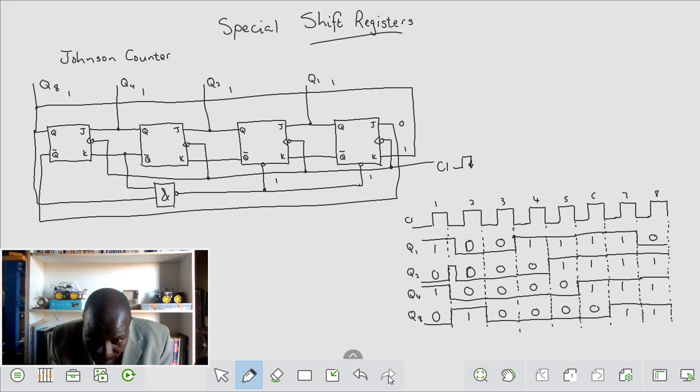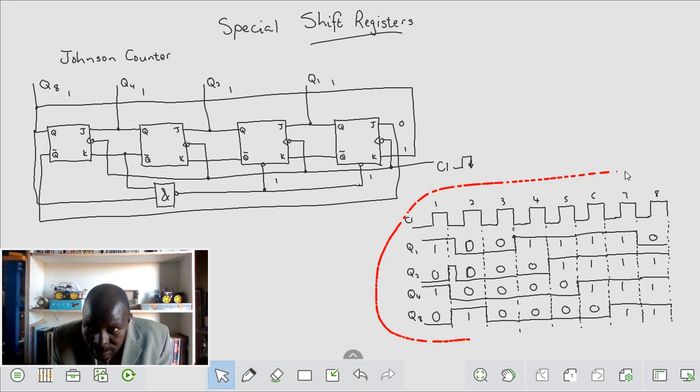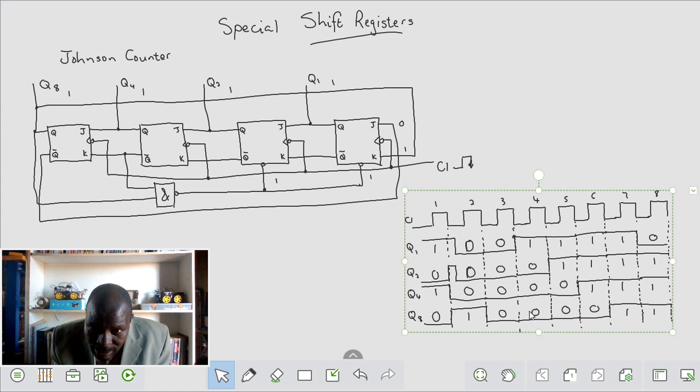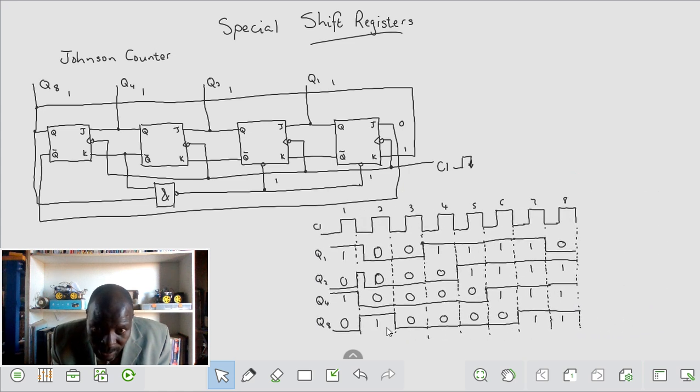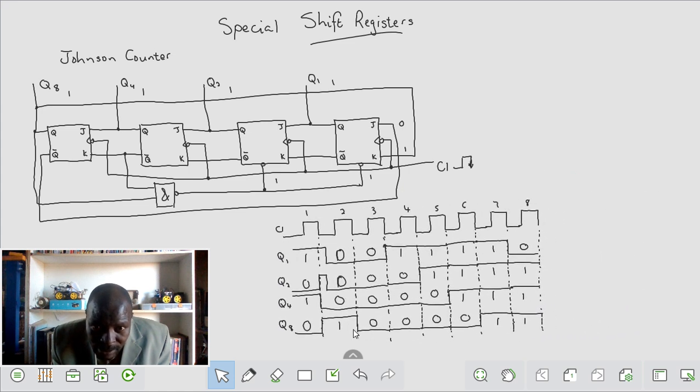So probably I need to move my work a little to show, and then now I'm going to need to add a few pulses here to demonstrate what will happen. I think I need 3.